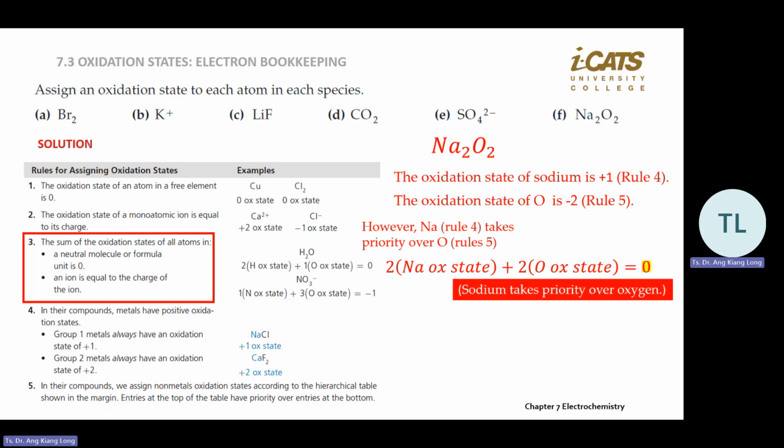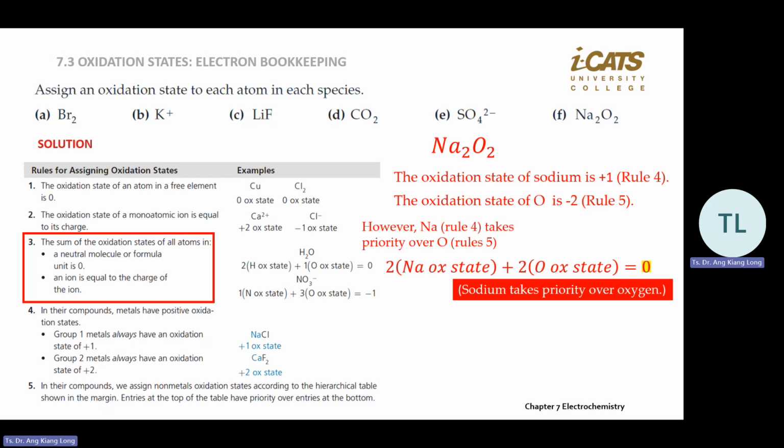Okay, just highlight here. Don't always do oxygen first. You need to read the periodic table, whether the element is inside group 1, group 2 or not, meaning the first column and second column of the periodic table. If it is inside there, then do the group 1, group 2 element first, before oxygen or before the ones in the margin. In the margin there are only a few members.